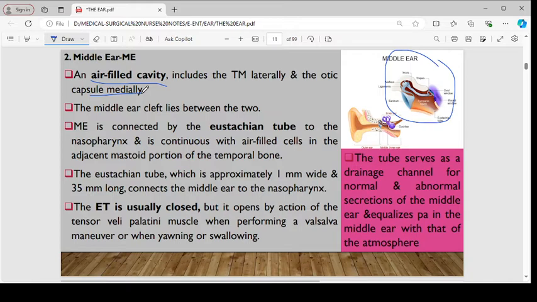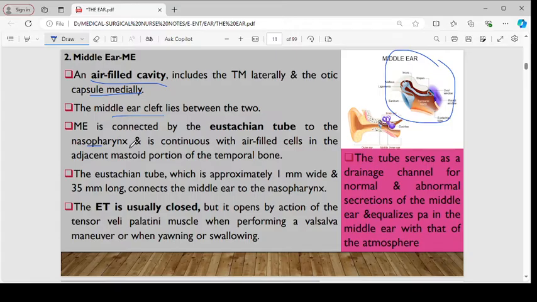In between, we have the middle ear cleft. The middle ear is normally connected by the eustachian tube to the nasopharynx, and this explains why infection from the nasopharynx is likely to get to the middle ear because of this connection.